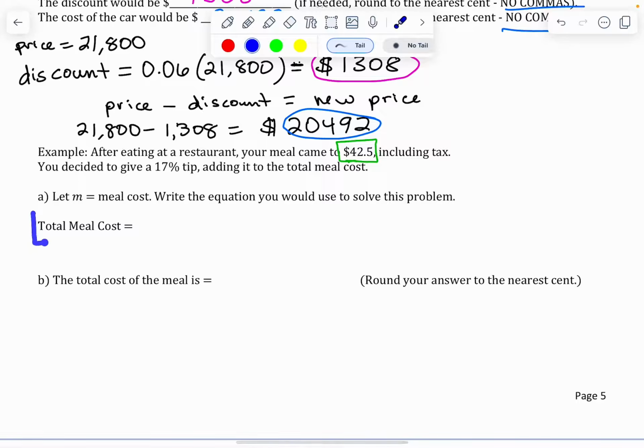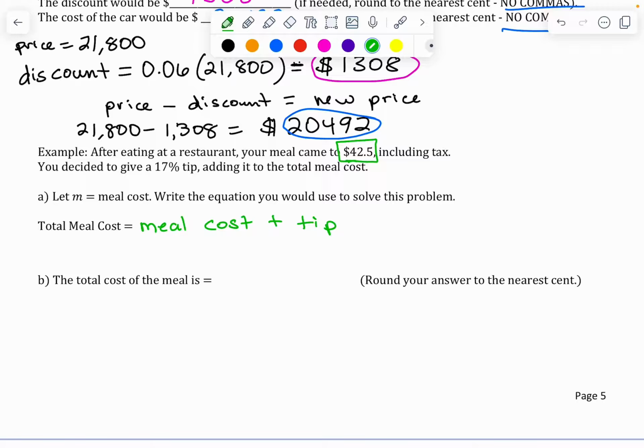Then we have the total meal cost, which is going to be represented by the meal cost plus the tip. So we have the meal cost and the total meal cost. So don't mix those up. They're almost called the same thing.